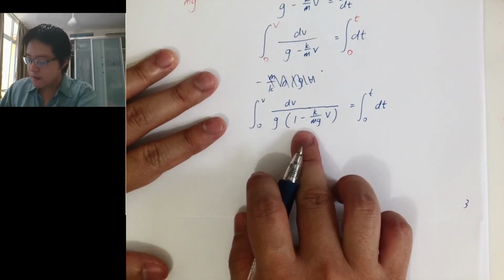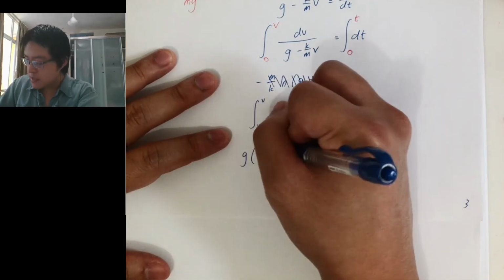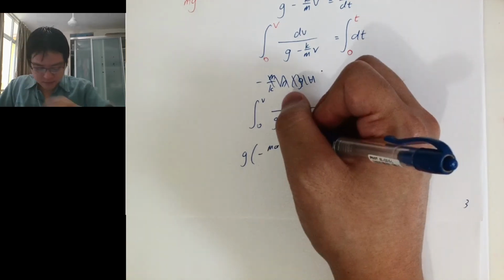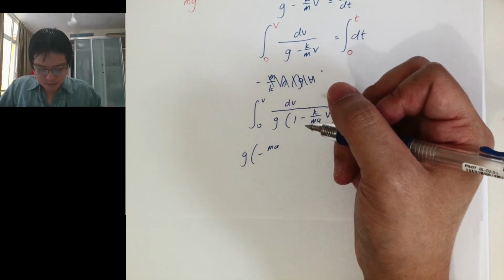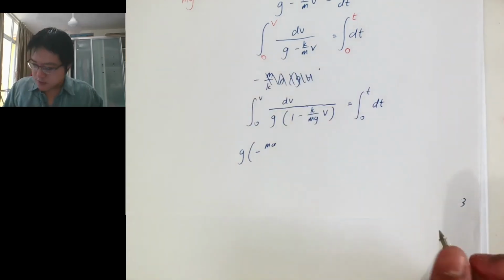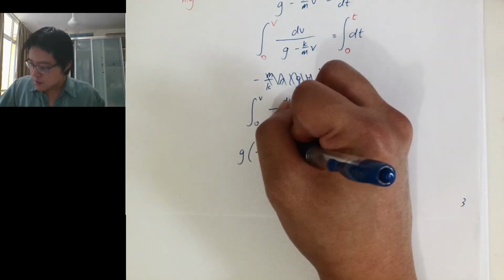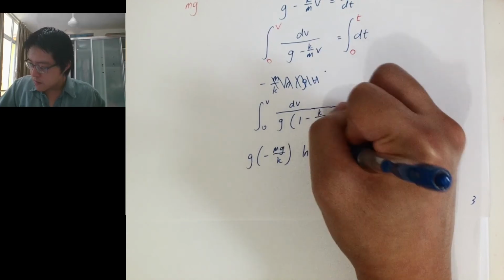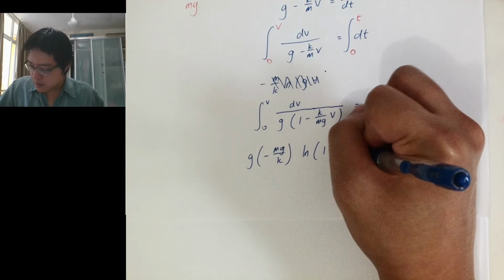So then you just integrate both sides. If I integrate both sides, I get g minus mg over k. Hang on. So k over mg, right? Yeah, so g minus mg over k, and then ln of 1 minus kv over mg.